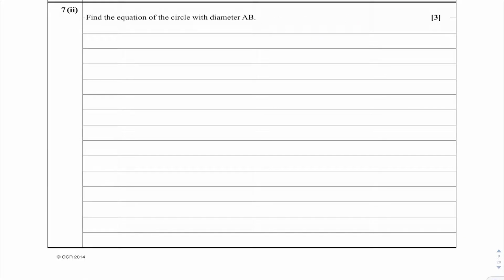Question 7.2. Find the equation of the circle with AB as diameter. If I draw a circle just to show you what I mean, and this is AB, the diameter, let's just draw a proper diameter.